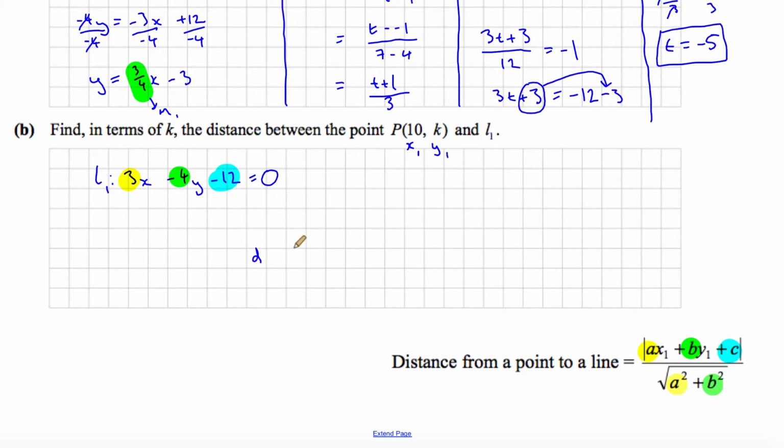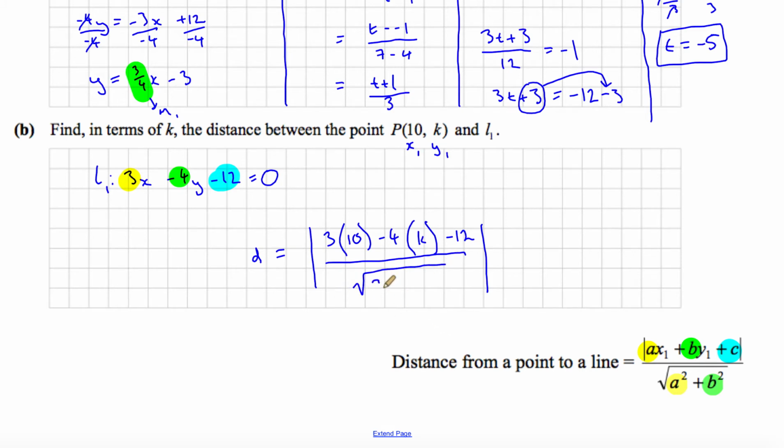So we're going to substitute these now into our formula. D is going to be equal to the modulus of a, which is 3, times x1, 3 times 10, plus b, which is minus 4, times y1, which is k, and then the c value at the end, negative 12, and that's all going to be over the square root of a squared plus b squared.